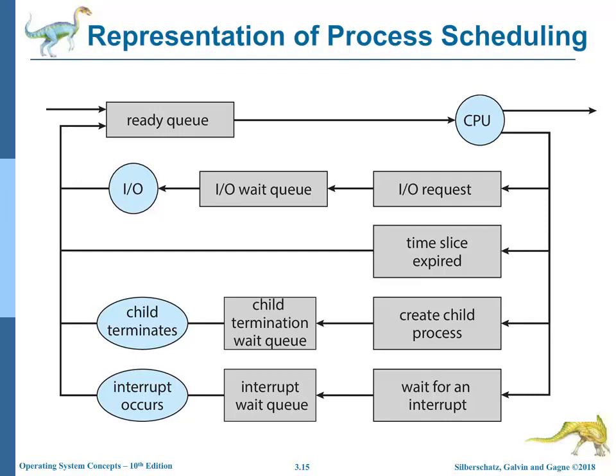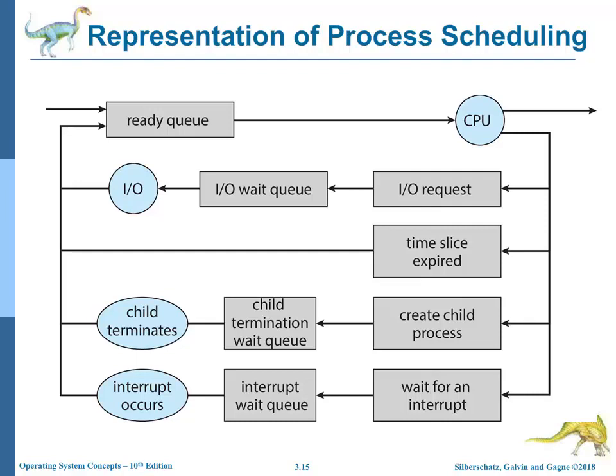The process could create a new child process and then be placed in a wait queue while it waits for the child's termination. The process could be removed forcefully from the core as a result of an interrupt or having its time slice expire, and be put back in the ready queue.